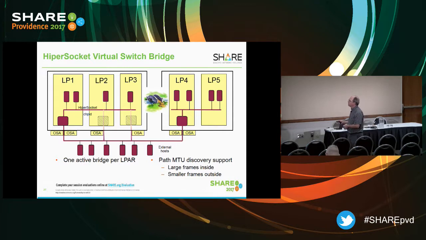And what I'm showing here, so I've got two CACs here. On the left side, I've got 3 LPARs, and these red boxes here are all Linux guests, okay? These are z/VM LPARs. And in LPAR 1, 2, 3, and 4, I have created what's called a vSwitch hypersocket bridge.